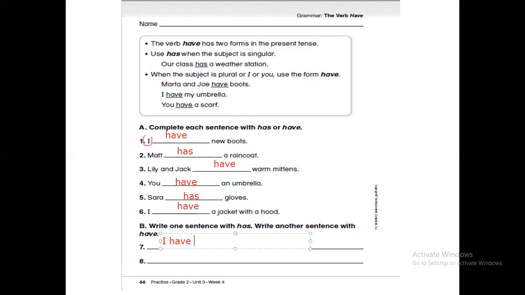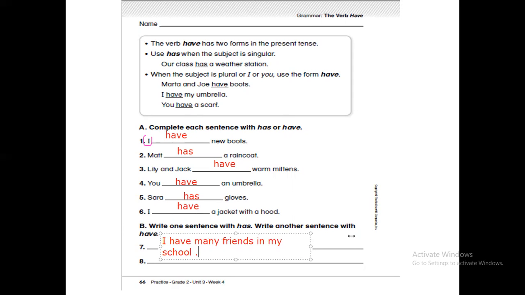I have a lot of homework. I have a new copybook or book or a new pencil case or whatever you want to write. I have many friends in my school.